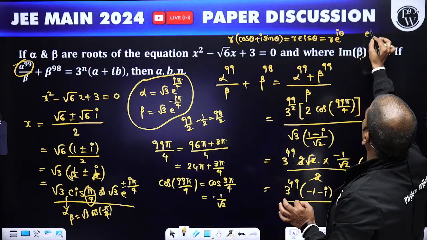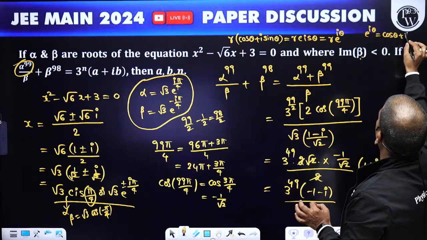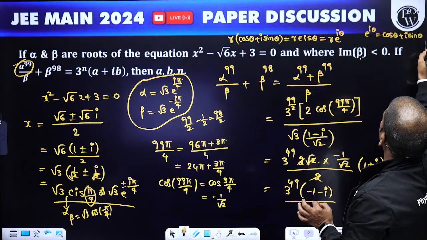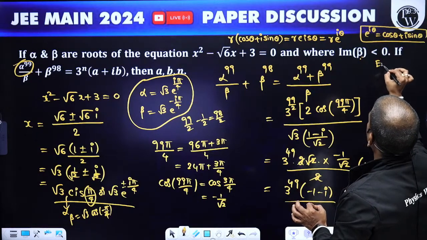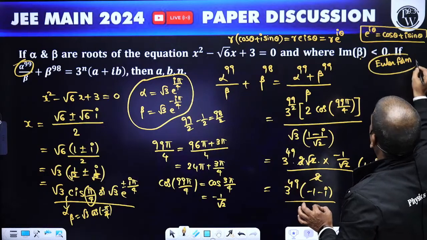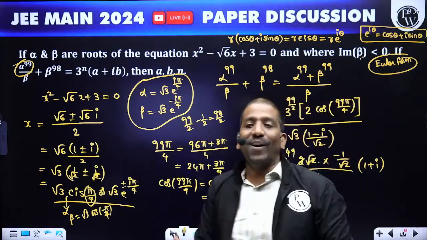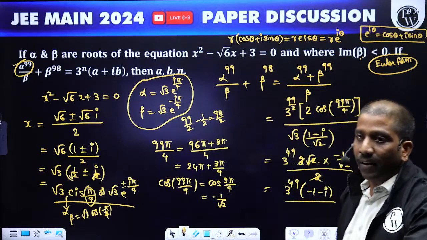So e power i theta is expressed as cos theta plus i sin theta, my dear students. This is called Euler form. So these forms will help us to simplify the calculation. That's all, right? Okay, fine.